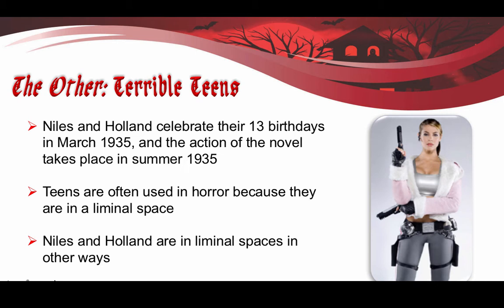Since Niles eventually, at least in his own mind, becomes Holland by the time that he's the narrator in the mental institution some 35 years later, it can be argued that that summer of 1935 is a liminal space during which Niles becomes Holland. And Niles is in transition from being Niles to being Holland. So sometimes he's Niles and sometimes he's Holland.